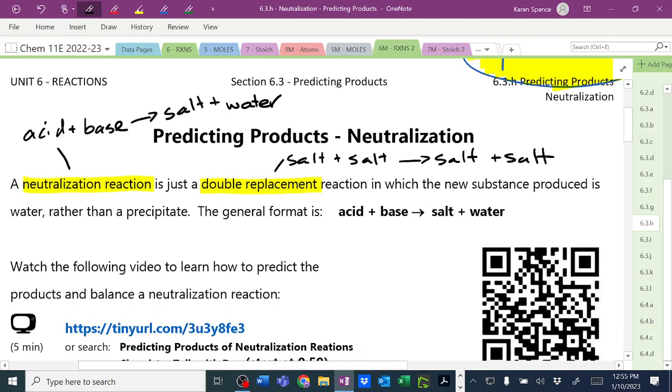But if you know how to predict the products of a double replacement reaction, you also know how to predict the products of a neutralization. Do you remember what the pattern is to predict the products of a double replacement?